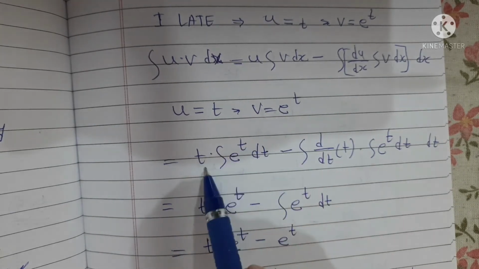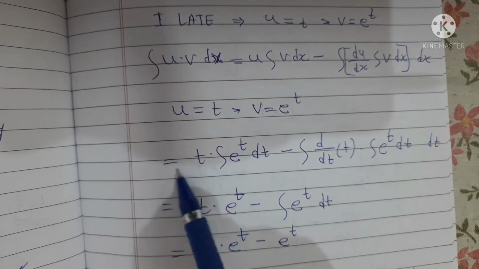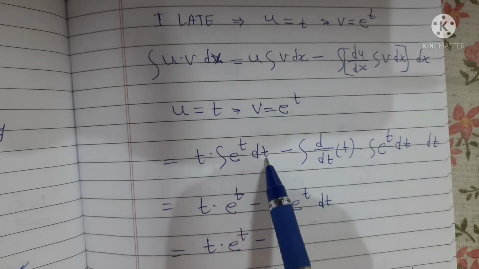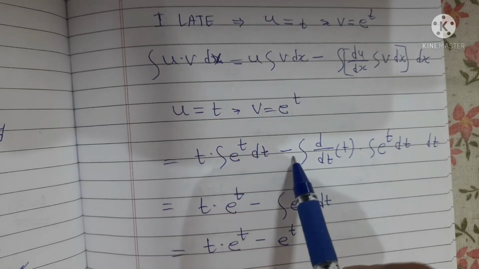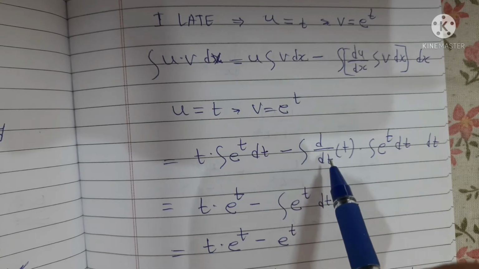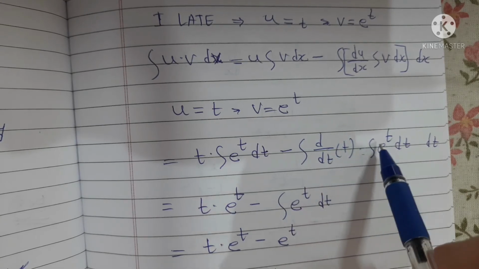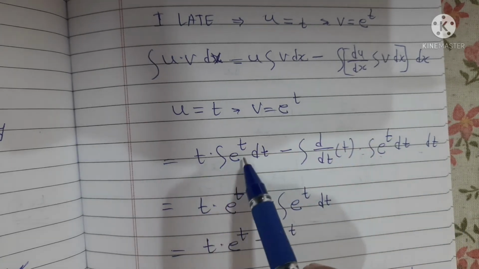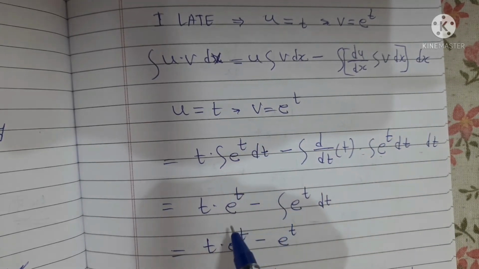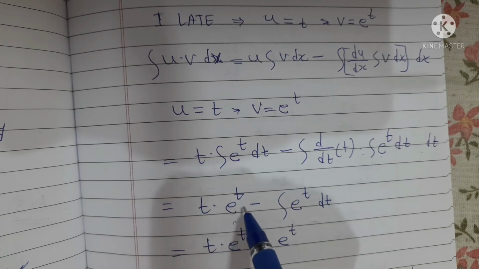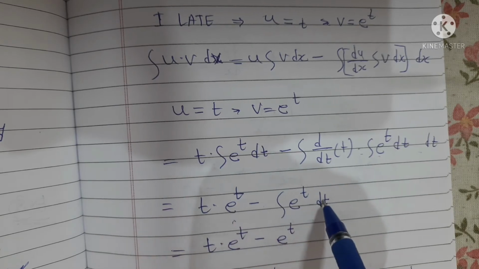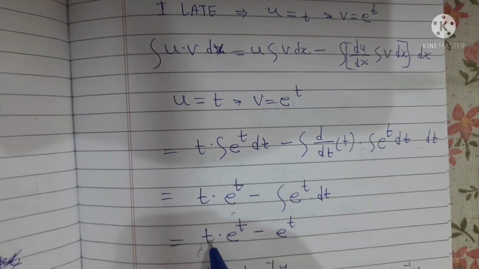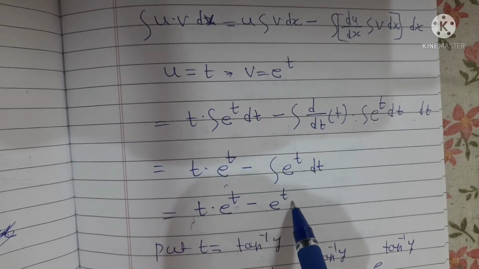Therefore we get t into integration of e raised to t dt minus integration of 1 into e raised to t dt. What is the integration of e raised to t? It is e raised to t. Therefore t into e raised to t minus e raised to t.